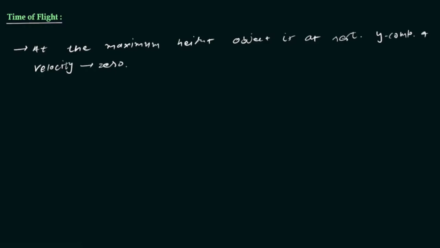Now we can use our equation vy equals uy plus ayt, so vy equals u sin theta minus gt. This will give us the time to reach the maximum height, and another time will be the time for descent.